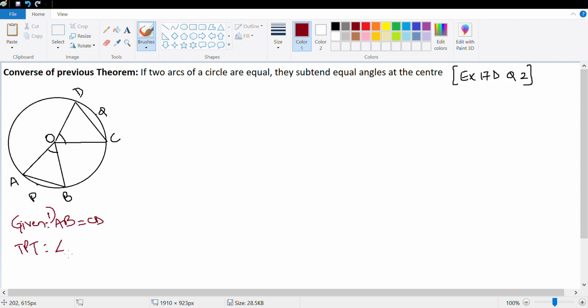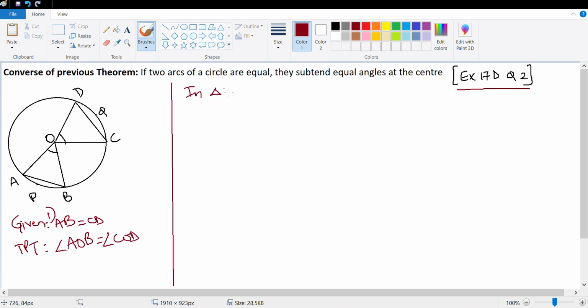We need to prove that angle AOB is equal to angle COD. So what it's saying is if two arcs are equal or two chords are equal, then they subtend equal angles. That's what this theorem says, and this is a question in your book, exercise 17D, question number 2. So let's see how we can prove this.